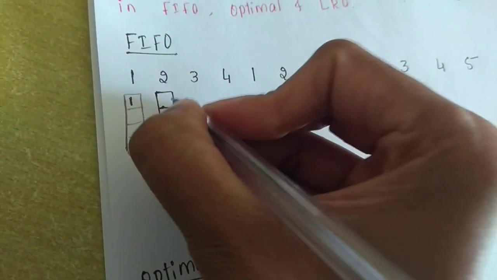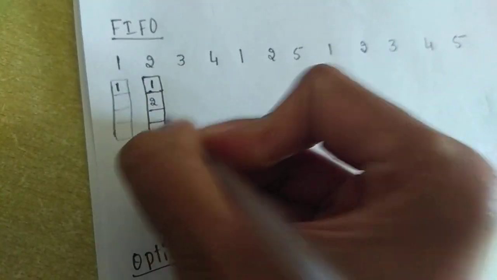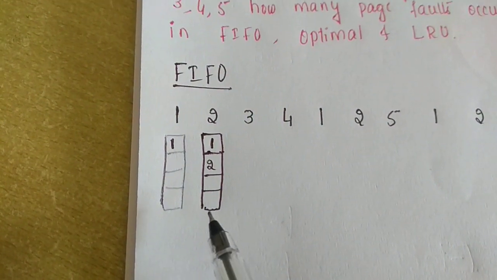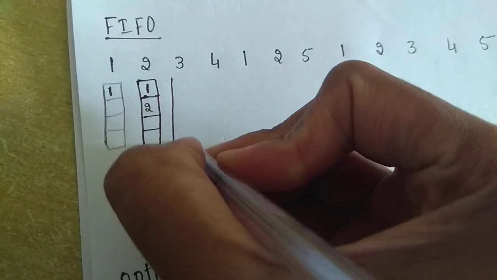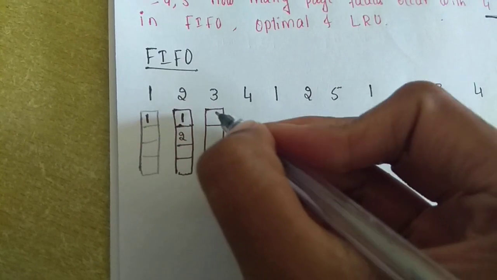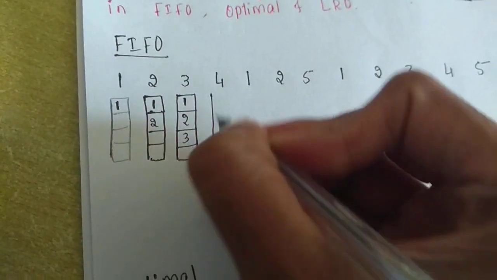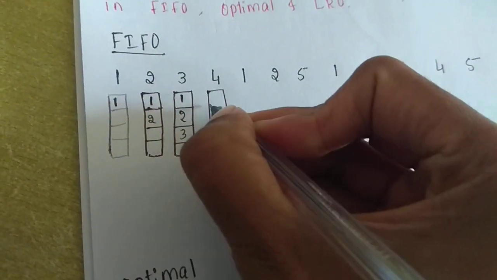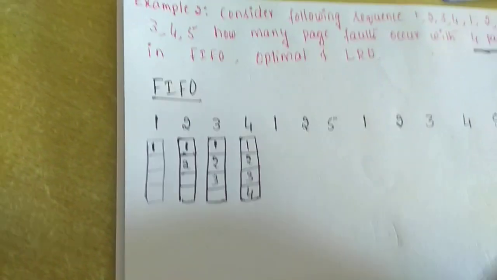Next element 2 I am going to fill. It's the same as 3 frames, only one extra you need to add. So fill 1, 2, next 3. For each step you need to fill one value. So 1, 2, 3 and then 4 now.